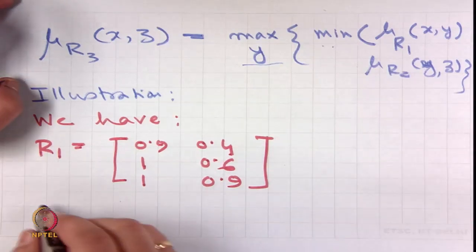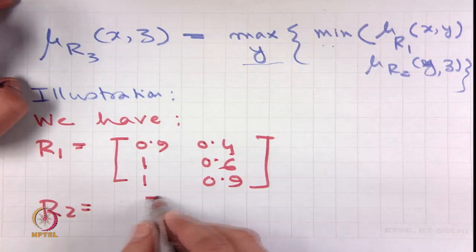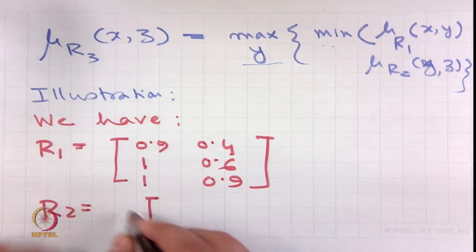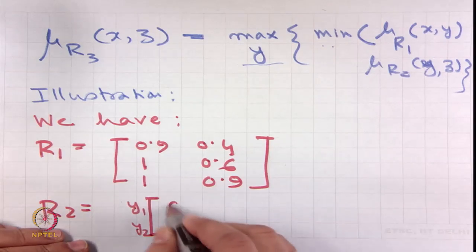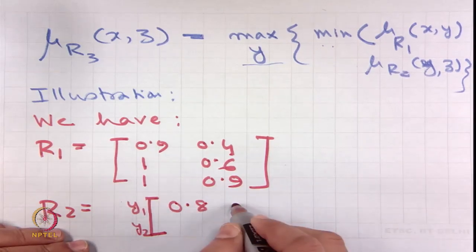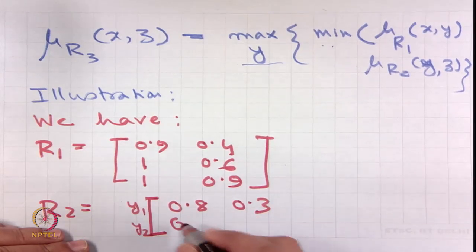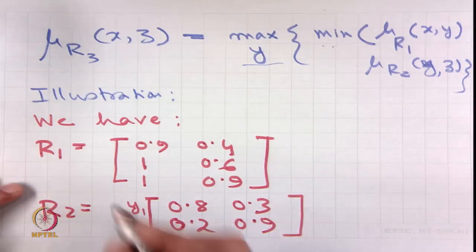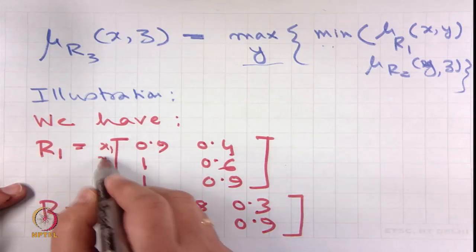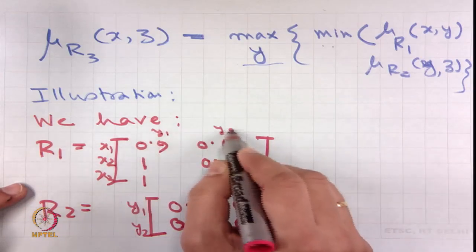And suppose R2 is equal to, with columns y1, y2, 0.8, 0.3, 0.2 and 0.9. As you know, this is x1, x2, x3 and this is y1, y2.